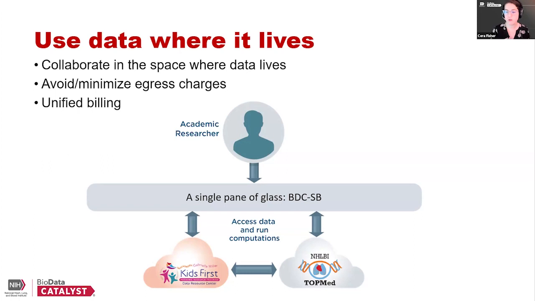And so this means you can collaborate with your fellow researchers more easily. You can avoid and minimize data egress charges. And BDC powered by Seven Bridges provides a unified billing system. So even if you're operating in multiple different cloud locations, you're not having to manage purchase orders for all these different cloud providers. We just pass through the cloud charges in one invoice.